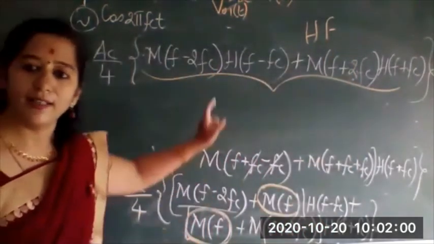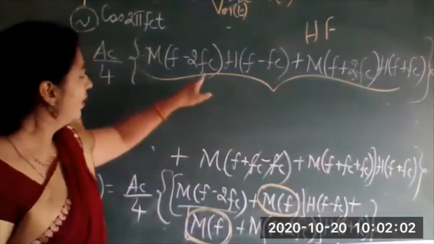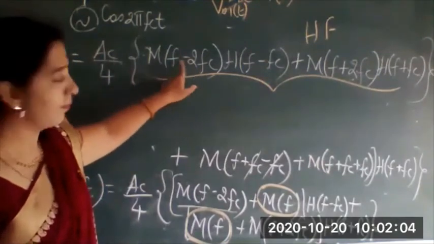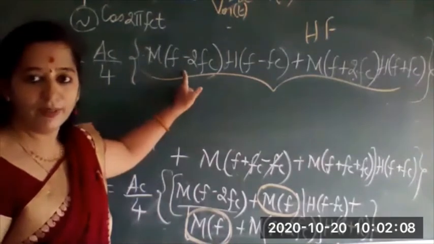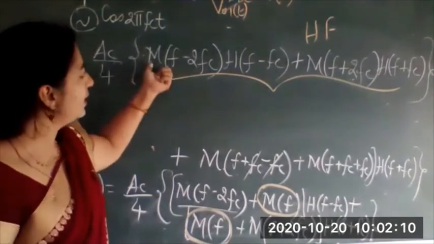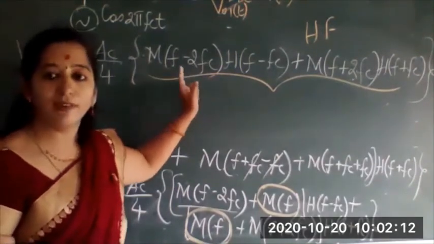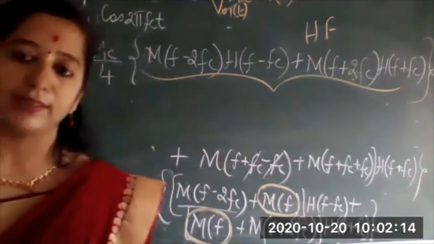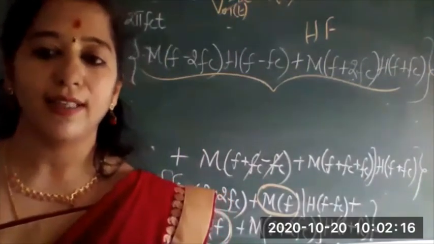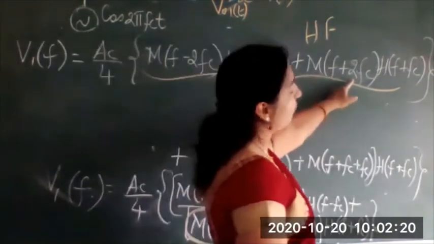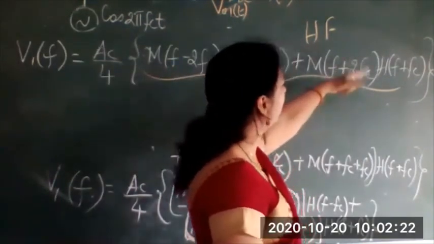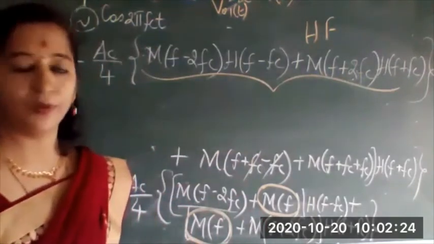How do you know that they are high frequency components? Because they have the term M(f) shifted to the frequency 2fc. The message is getting shifted to the point double the carrier frequency. So surely it is a high frequency term. Similarly, even here M(f) will be left shifted to the point 2fc.